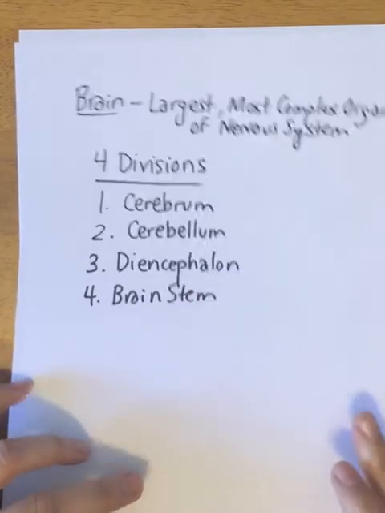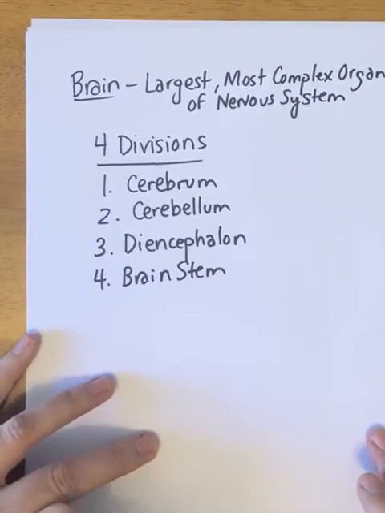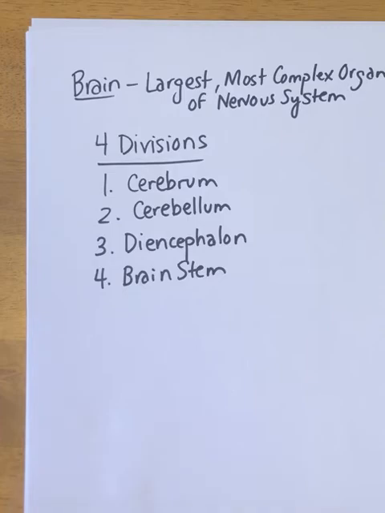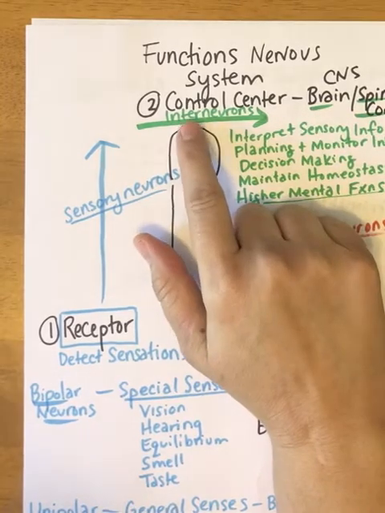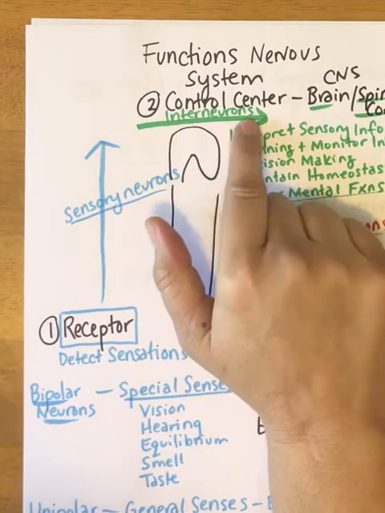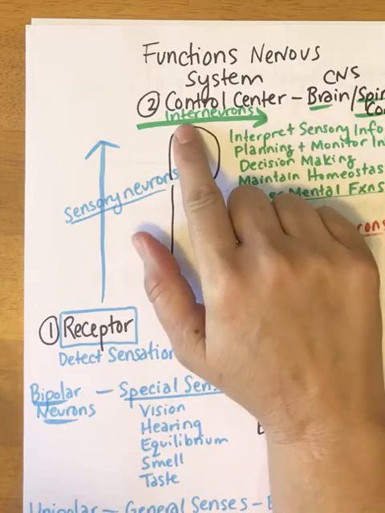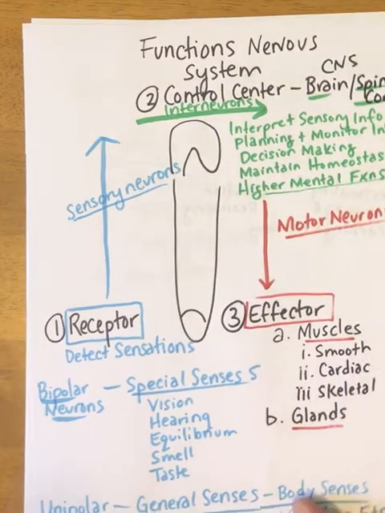Now, if asked what type of neurons are in the brain, you would always go back to your safety pin cycle. In the brain and spinal cord, there's interneurons. These are the only neurons in the brain and spinal cord, and these are multipolar.